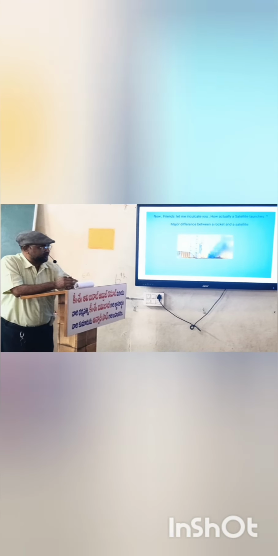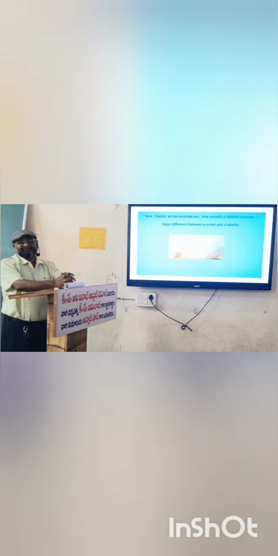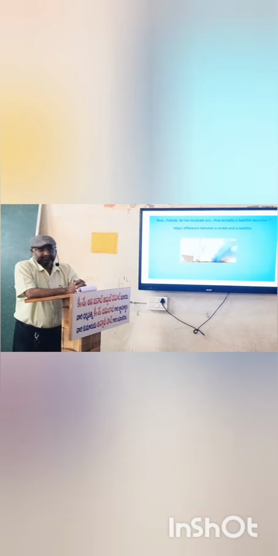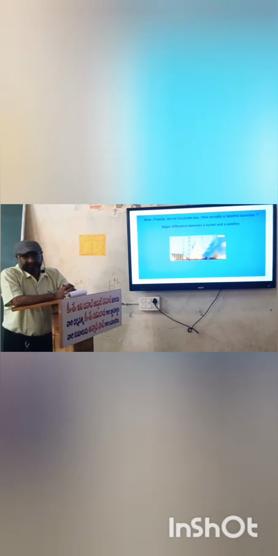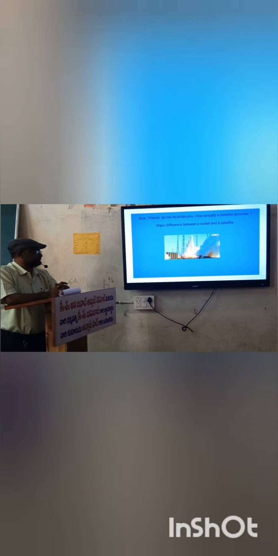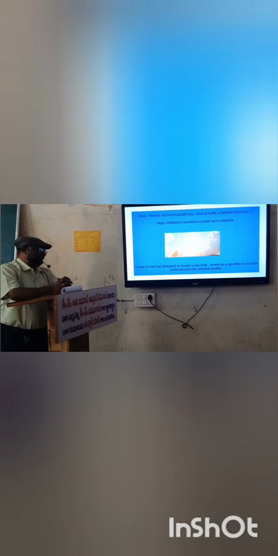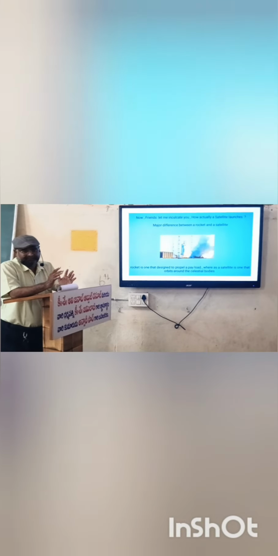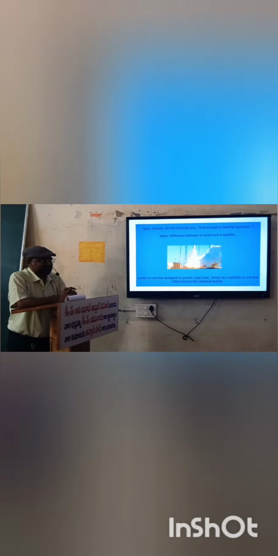This is the payload. A rocket is designed to propel a payload, whereas a satellite is one that orbits around a particular planet or celestial body, that is Earth. Next slide, please.